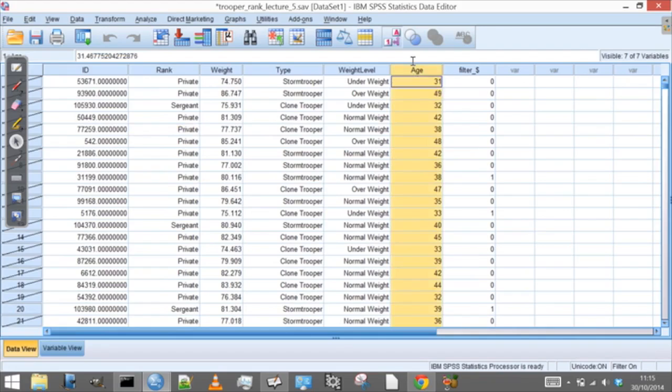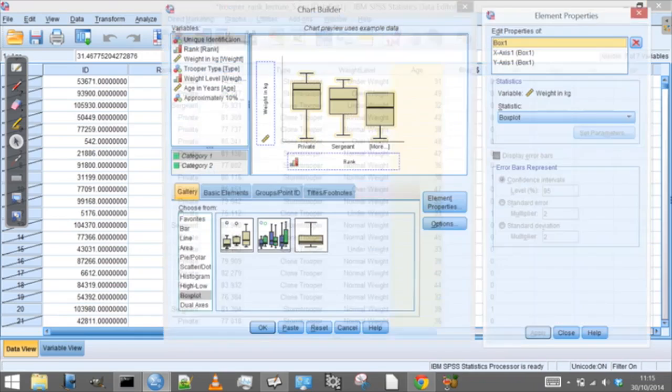So for every trooper, we also know their age. And the first thing that perhaps we want to do is visualize the data. That's a really important thing to do. So we're going to look at graphs. We're going to go to the chart builder.